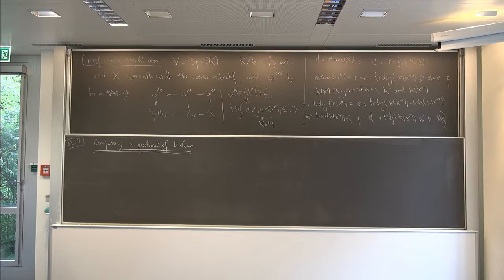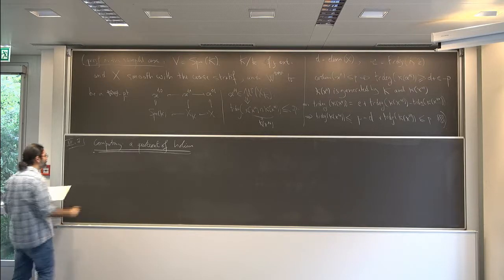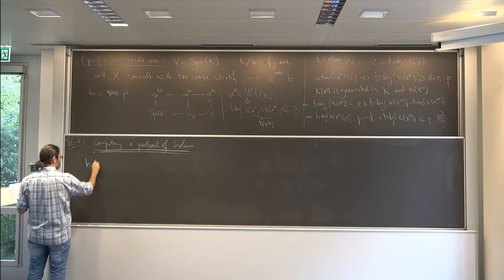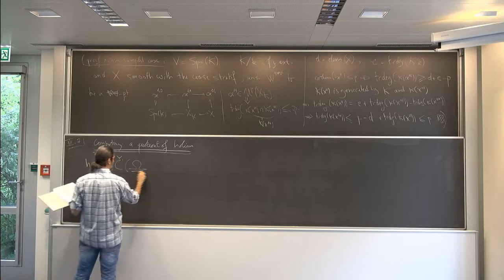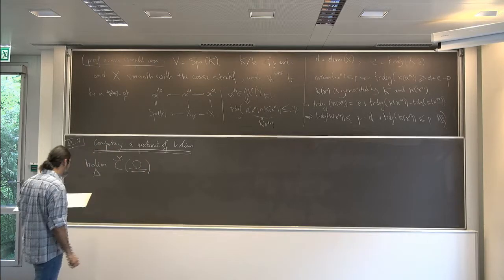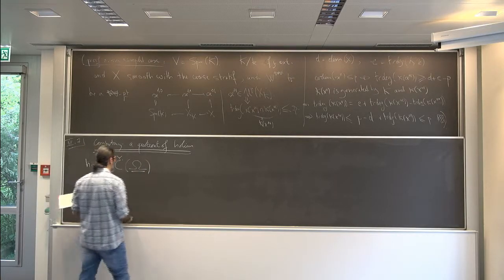Okay, so let me remind you what we have. We have a map from the homotopy limit of the Čech complex on the spectrum representing the de Rham cohomology.